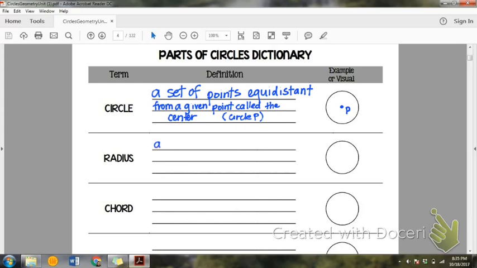The second we're going to talk about is a radius. A radius is a segment with endpoints at the center and on the circle.